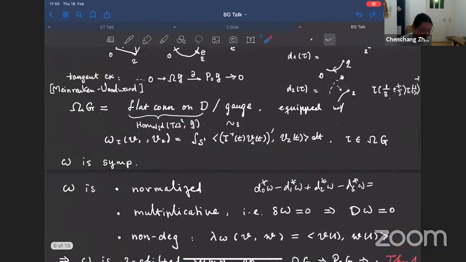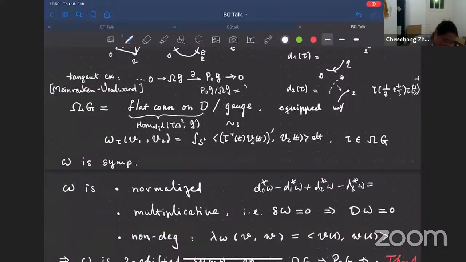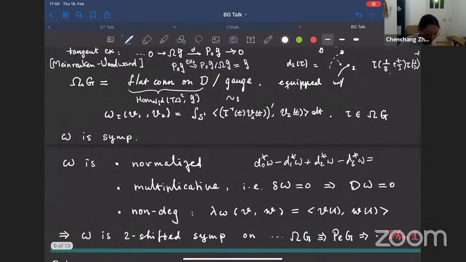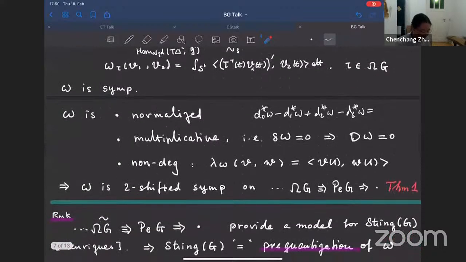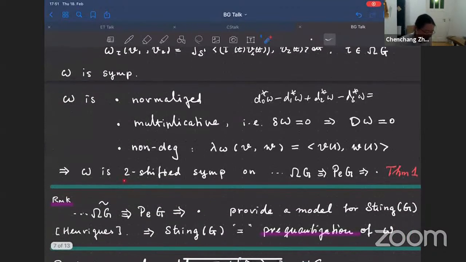So you see, it's not non-degenerate on the nose. You have to go to the homology, and this guy is exactly G, and this projection is evaluate at point 1. Therefore, evaluate 1, this guy is non-degenerate in general, but just the leaf over here is not. So it's a two-shifted symplectic form that we verified.